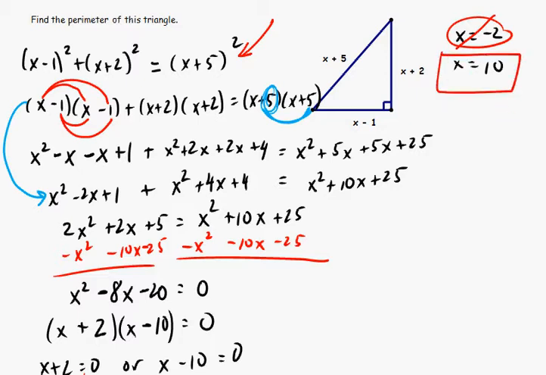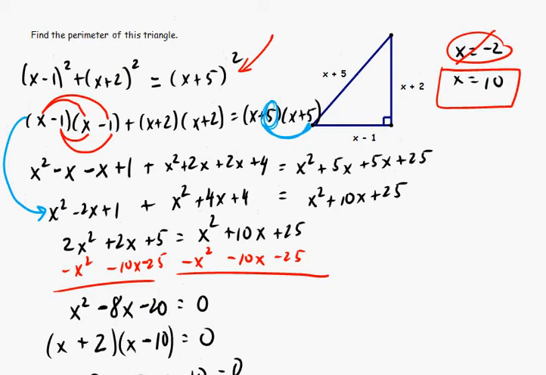So our goal is to find the perimeter. If x equals 10, this side would be 10 plus 5, which is 15. This side would be 10 plus 2, which is 12. And this side would be 10 minus 1, which is 9.